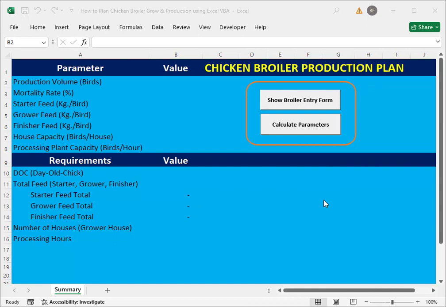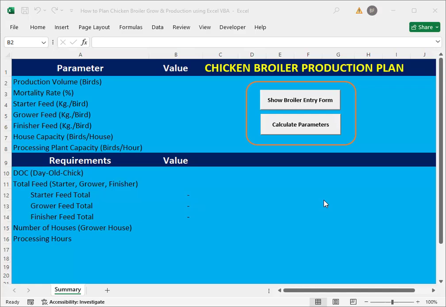So in order for us to be able to effectively plan the production volume, we need to come up with the requirements. We need these parameters from you. We need to find out from the businessman or the company owner how much volume they would like to produce in one cycle.